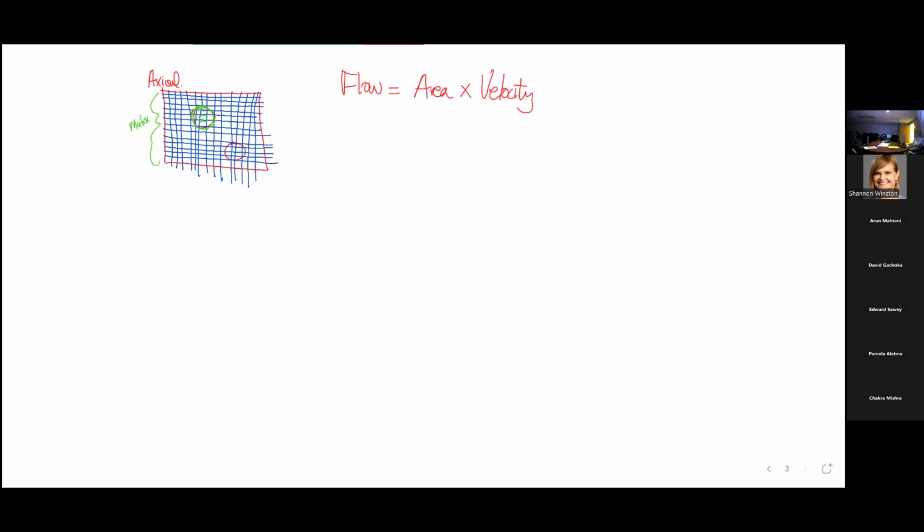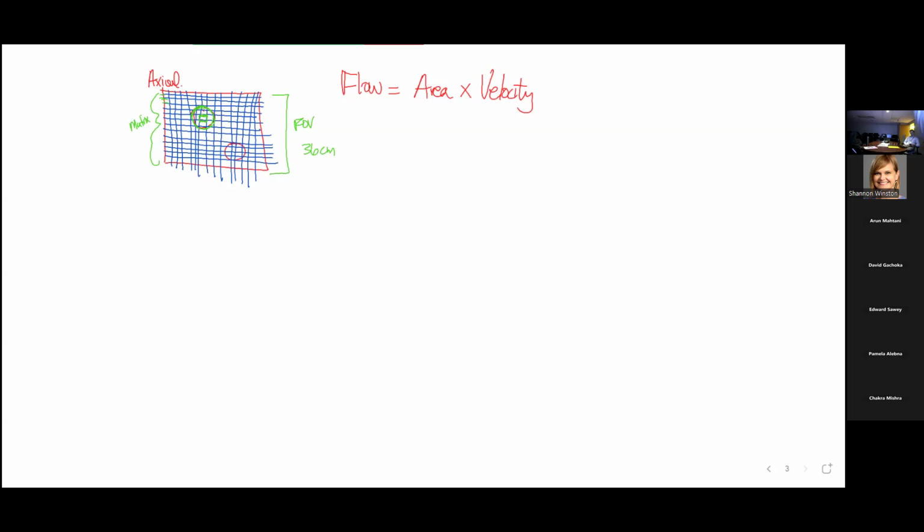So we know how many lines are in here, and we know the total distance, the field of view. So by knowing the field of view, and let's say that's 36 centimeters, and then we have 256 of these lines in here, we can divide and we can get the area of each one of these pixels.